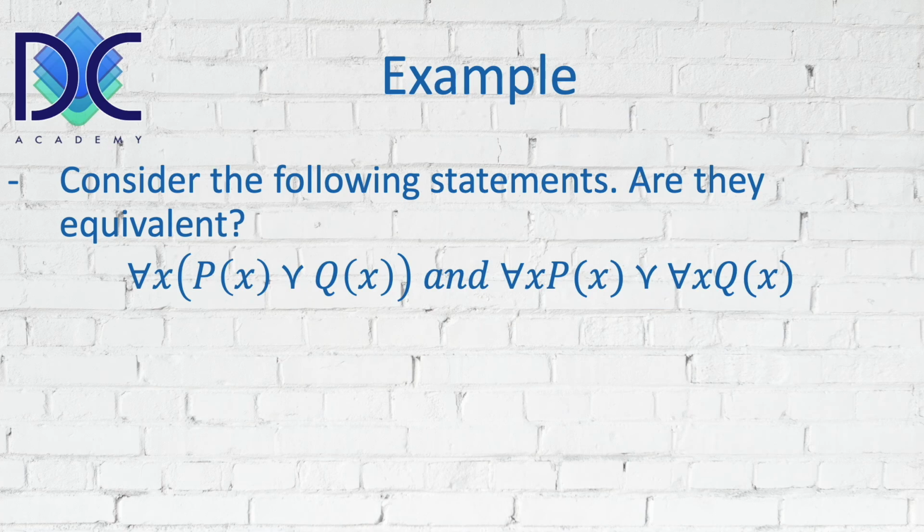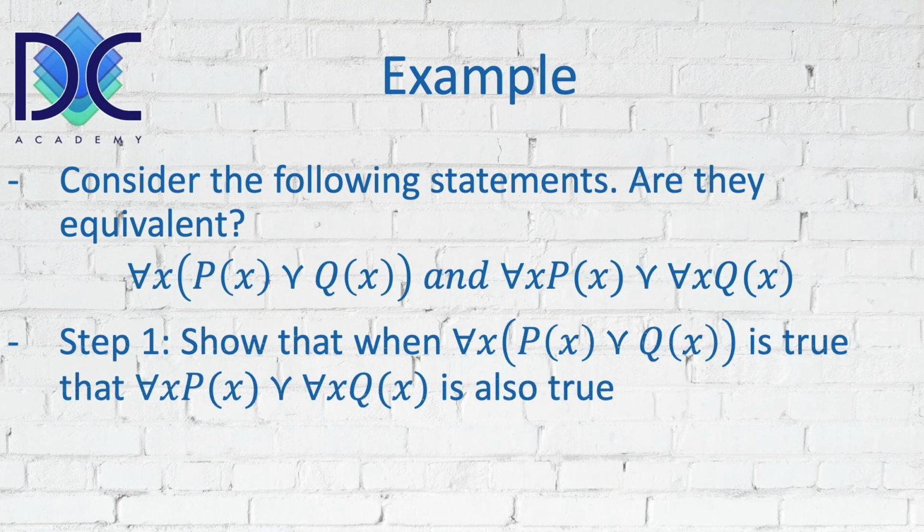And we're going to do this in two steps. In step one, I want to show that when for all x, p of x or q of x is true, then for all x, p of x, or for all x, q of x is also true.